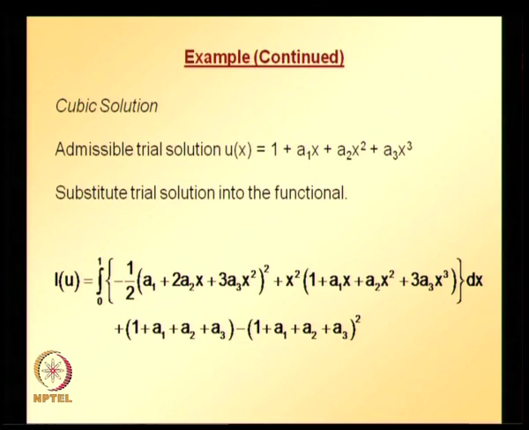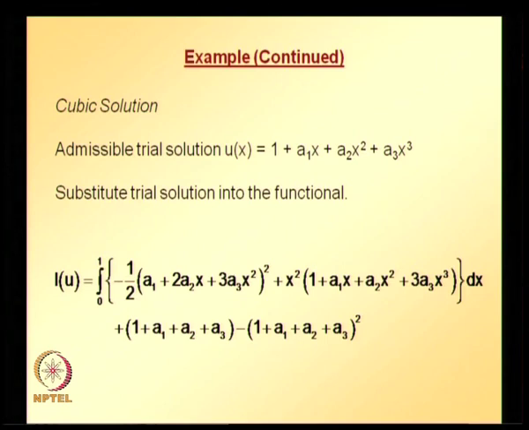The equivalent functional remains the same, whatever you already have. You do not need to repeat it, only the starting trial solution is changing. Whatever trial solution you start with, you have to make it admissible by substituting the essential boundary condition, and once you have the admissible trial solution, you substitute it into the equivalent functional, then you get I as a function of the unknown coefficients.